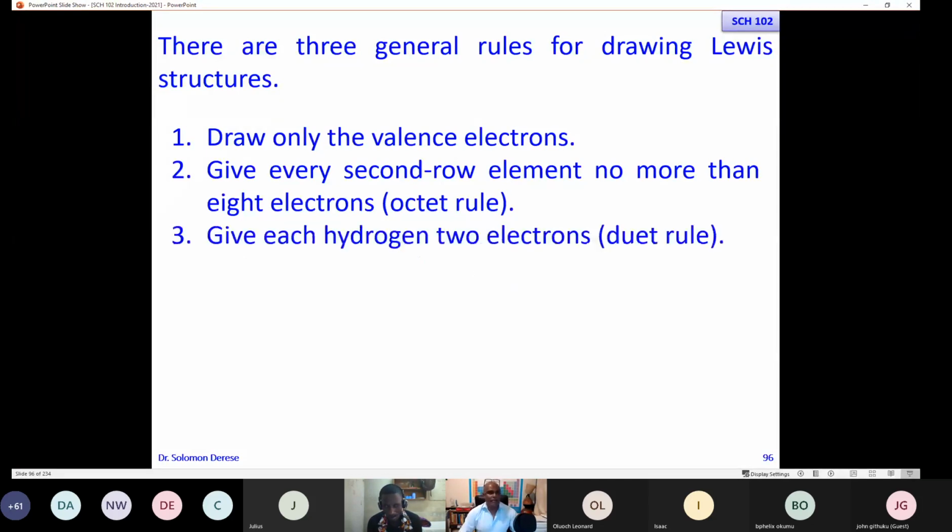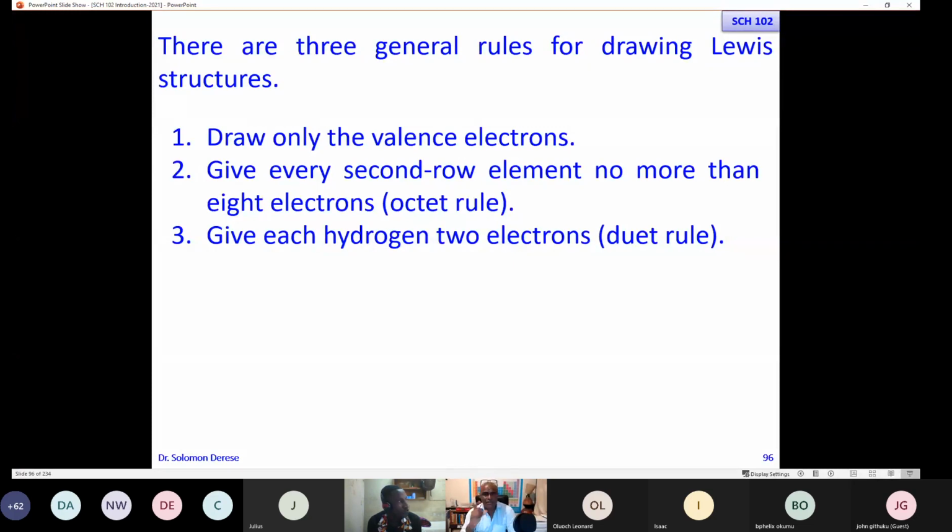If it is hydrogen, remember, when it's involved in chemical bonding, it wants to have the electron configuration of the corresponding noble gas, helium. Helium has 2 electrons, so give each hydrogen 2 electrons. We're going to follow the octet rule, which we know. We're also going to follow the duet rule. The duet rule applies for hydrogen.